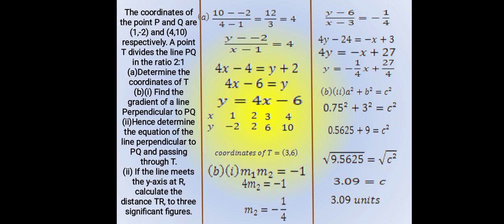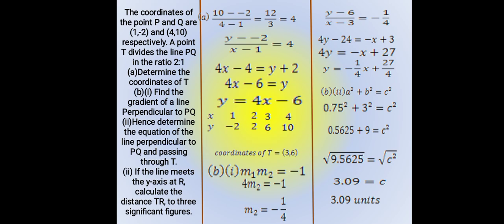When x is 3, we find y is 6. And lastly, when x is 4, we find that y is 10. Look at those points. The point dividing that line in the ratio of 2 to 1 is 3, 6. So the coordinates of T are x is 3 and y is 6.